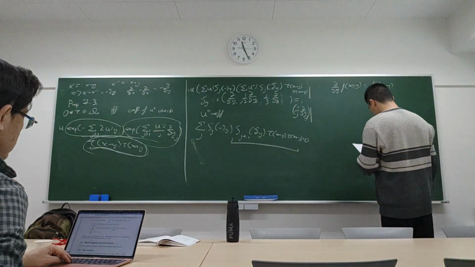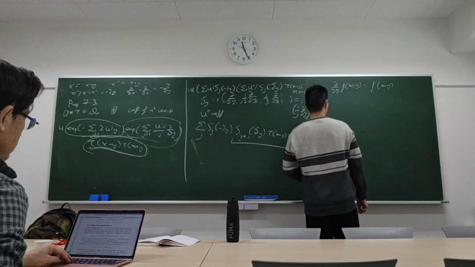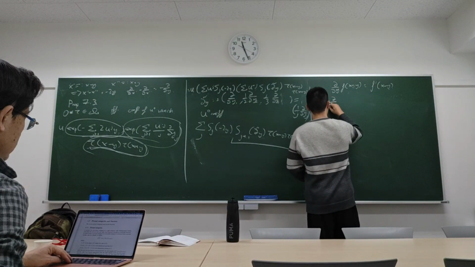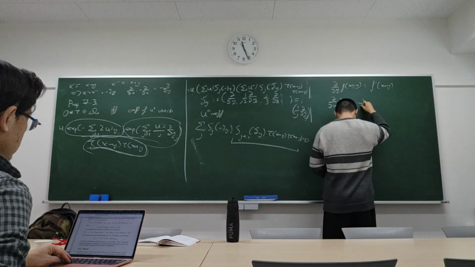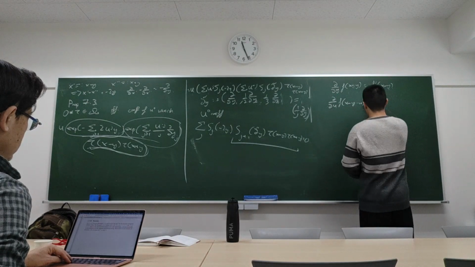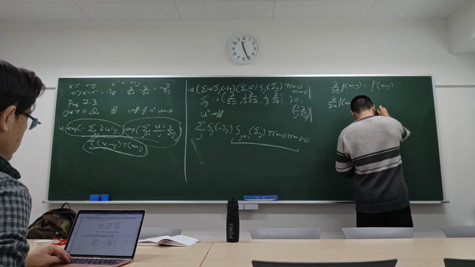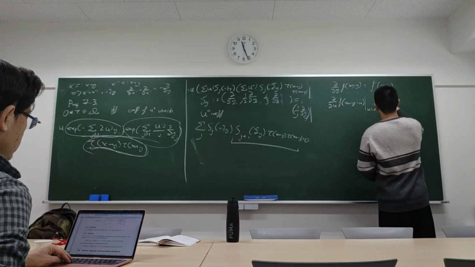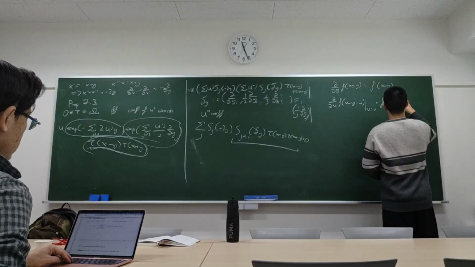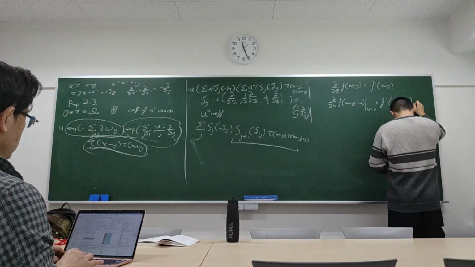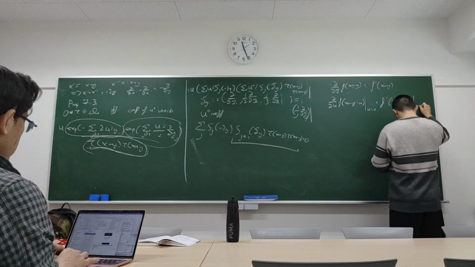And this is equivalent to ∂_u of f(x minus y minus u) at u equals 0. This is because if you do this, then we get f prime of x minus y, minus u, at u equals 0.